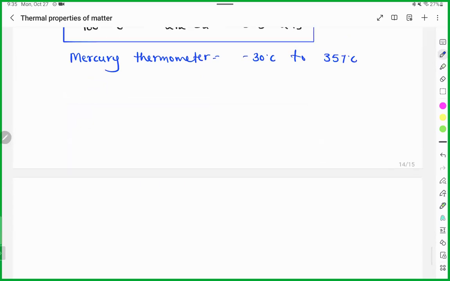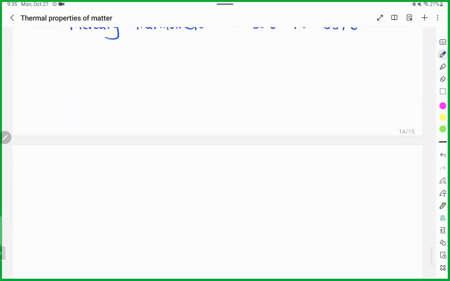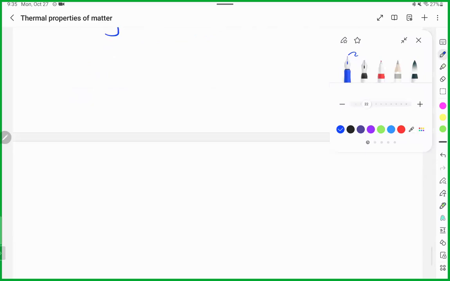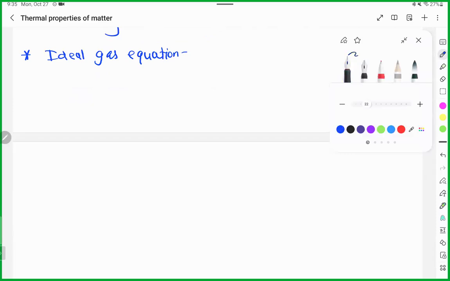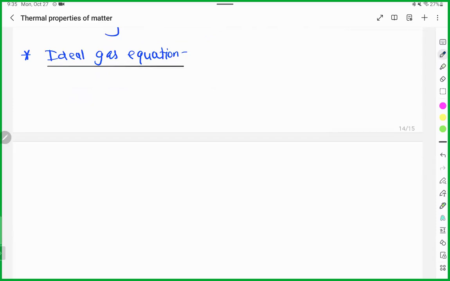You know, many times we have solved this, so I would like to ask, Chandana, what is ideal gas equation? PV is equal to nRT. Pratigya, what is Boyle's law?